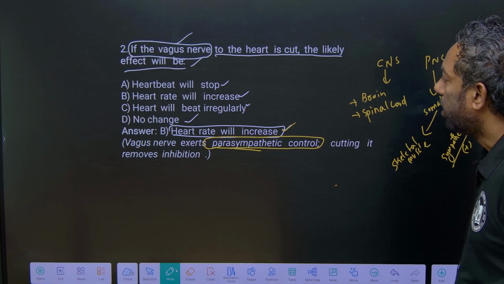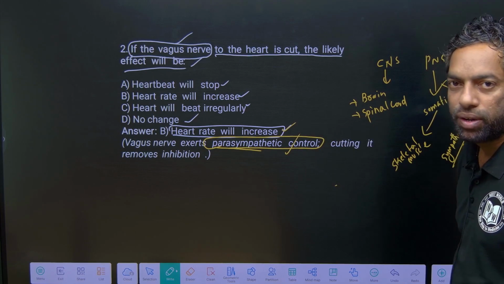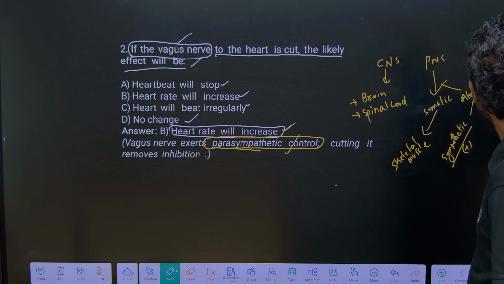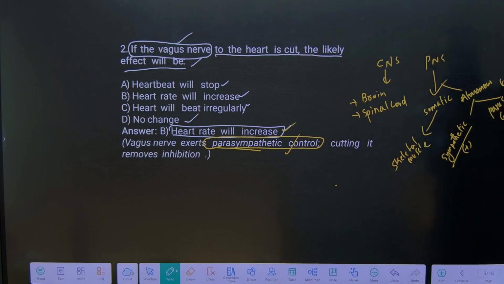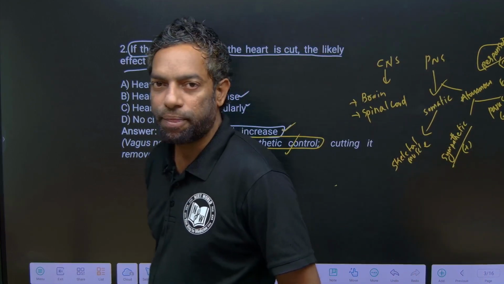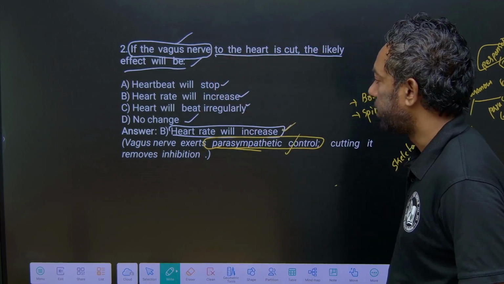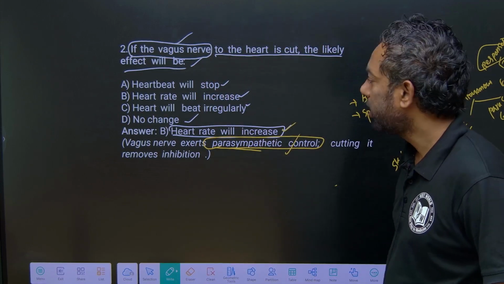Here the vagus nerve comes under parasympathetic control. So the answer is B, heart rate will be increased.